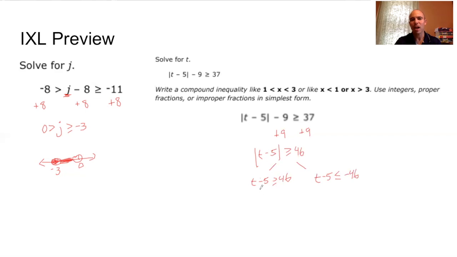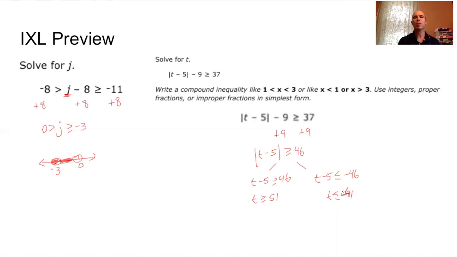And here, all I'm doing is adding that 5 to both sides. So t is greater than or equal to 51, and over here, t is less than or equal to -41. Oh, -41. Sorry about my tablet there, it's giving me a little trouble, you guys.